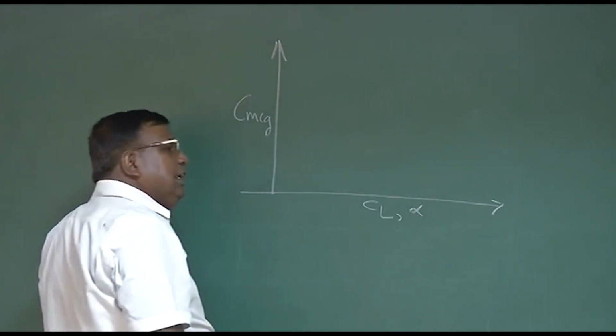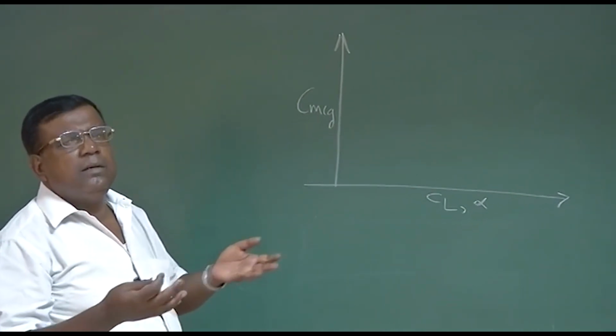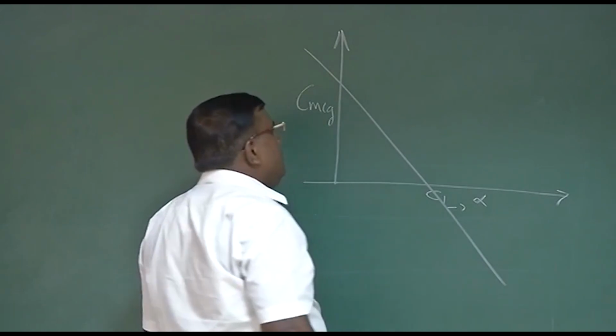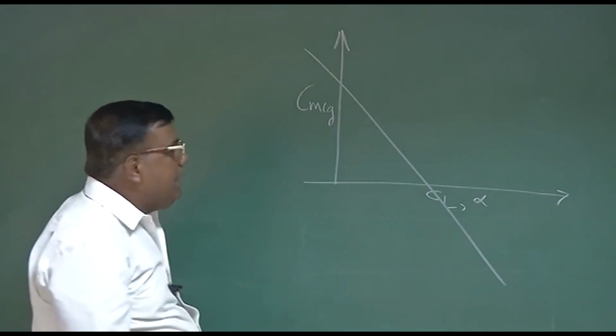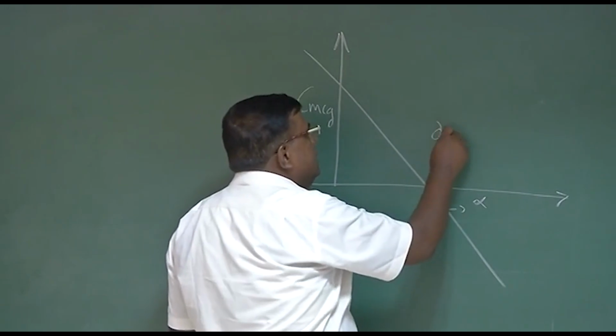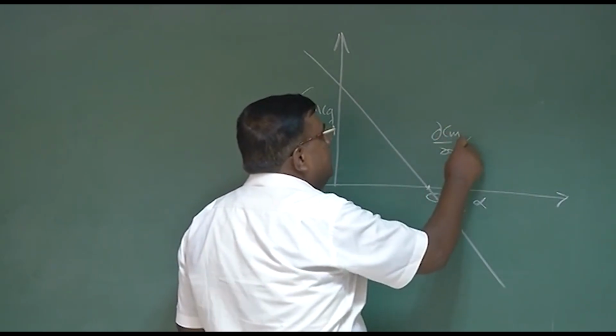By now we know Cl and alpha are related through some scalar term. So this variation should be like this, where the slope at the equilibrium should be less than 0, or negative.